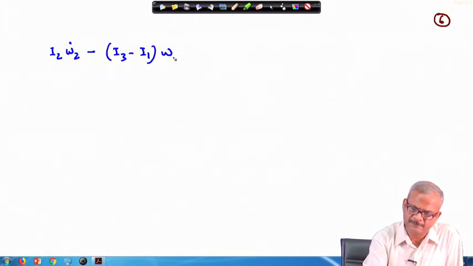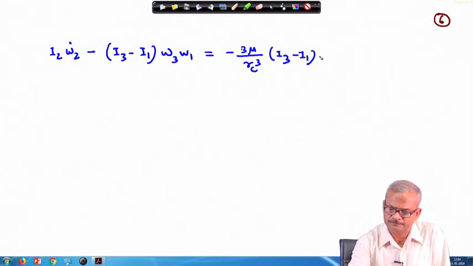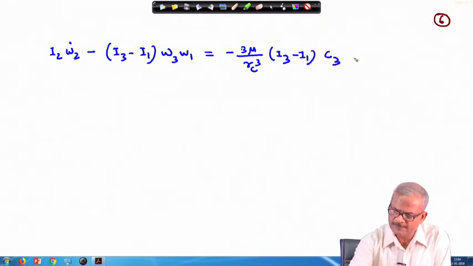So, we can write it that way only, omega 3 omega 1 minus 3 mu by R C cube times (I3 - I1) times C 3 C 1 and then write 3 3.